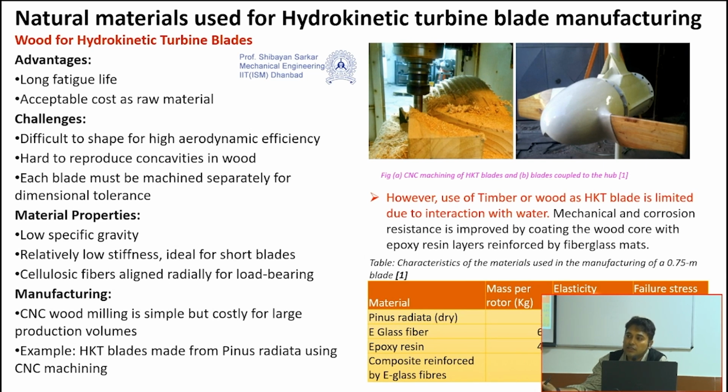So in this particular case also you can see that the e-glass fiber or epoxy resin, all these types of materials are much more superior to this natural material. But still we generally use natural material in order to ensure sustainability.